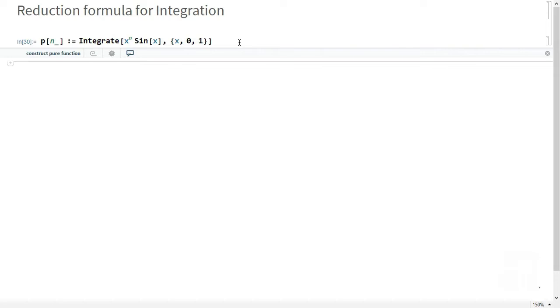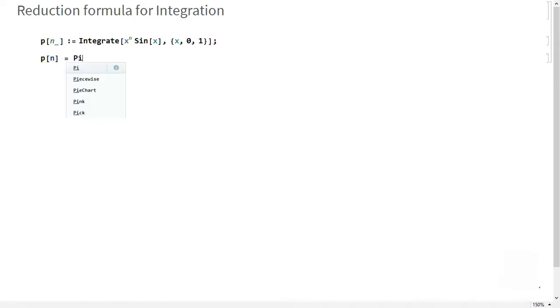It's not returning anything. And the recursion relation we had was something like this. Let's put a semicolon over there so that we don't run into any trouble. So the recursion relation was P of n, since this is a function, I'm calling it in function form, equals, let's say, pi.